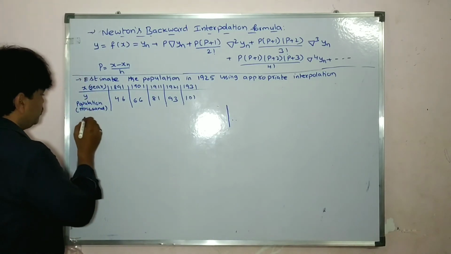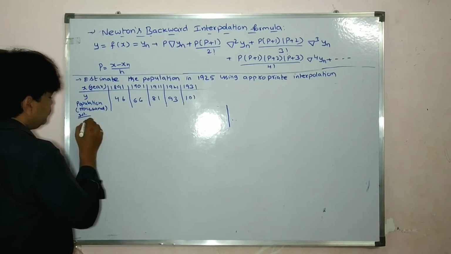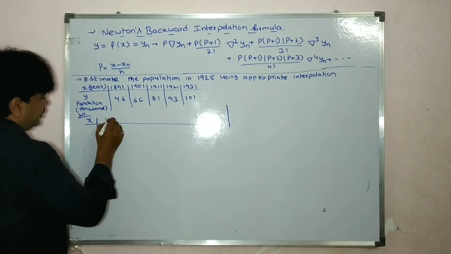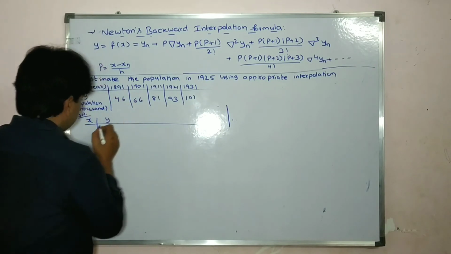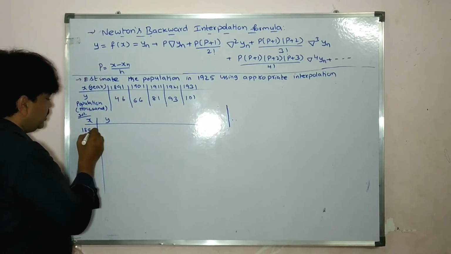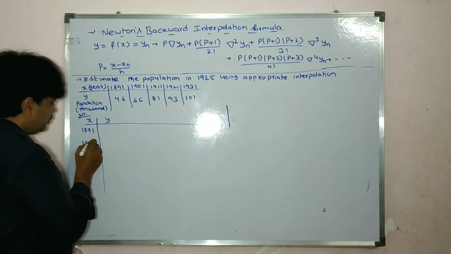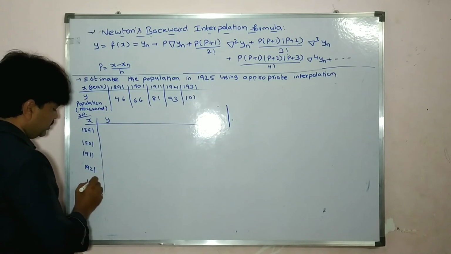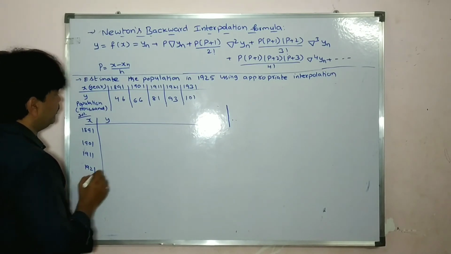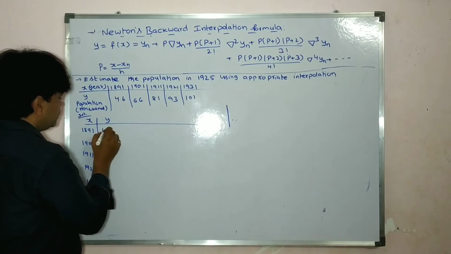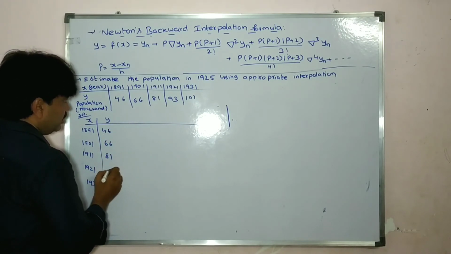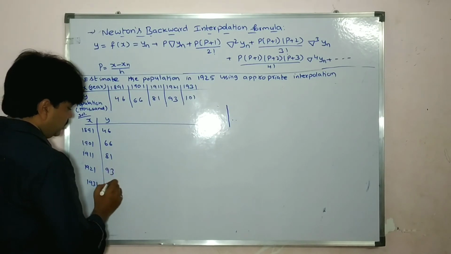Now draw the table, students. Solution: x, y. X is 1891, 1901, 1911, 1921, 1931. Y is 46, 66, 81, 93, 101.